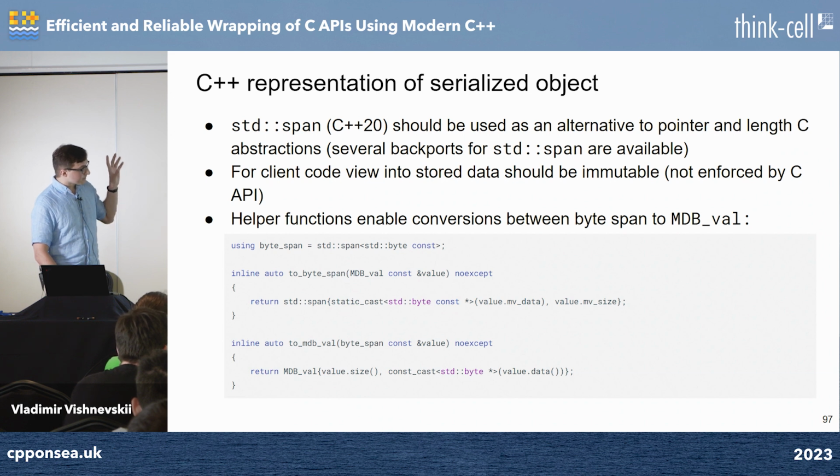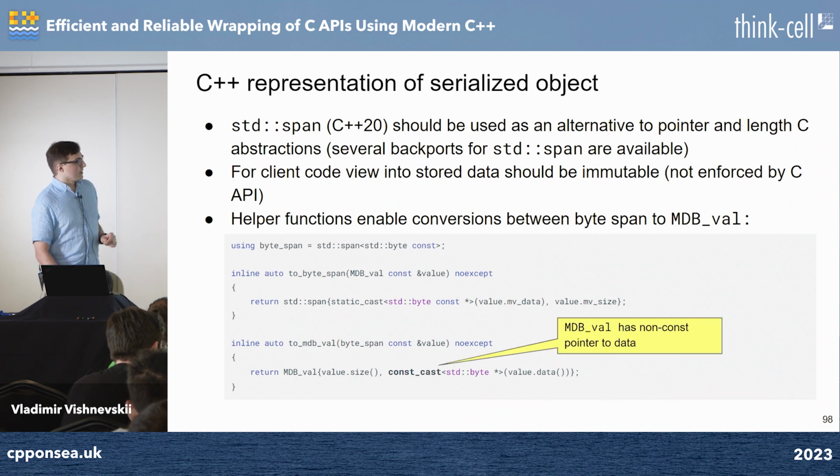We also need to enforce that for client code, the view into the data that is stored in the database is constant, so that we do not modify anything that is stored in the database. So we would use this alias, byte span, which is a span of immutable bytes, and we introduce helpers to convert between our byte span and MDB val.